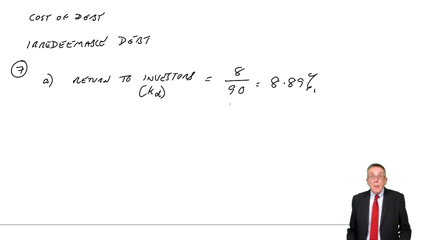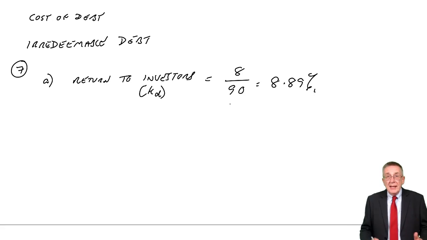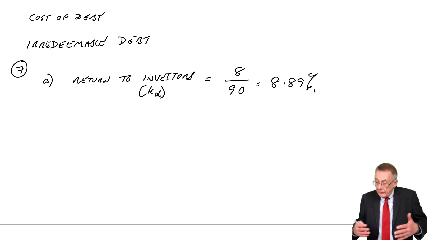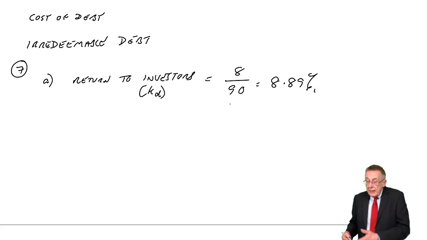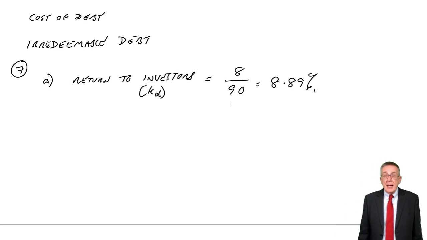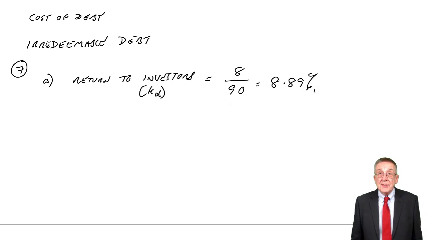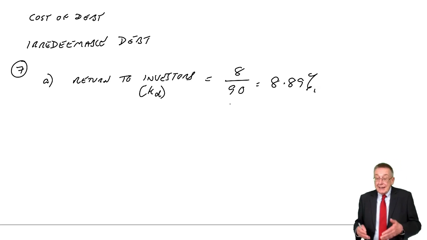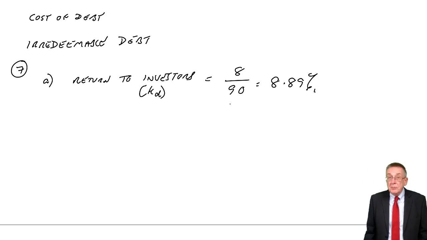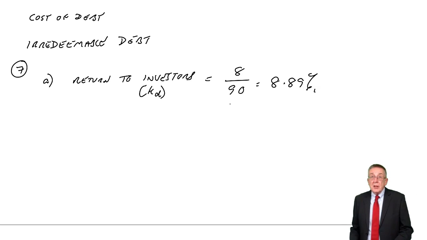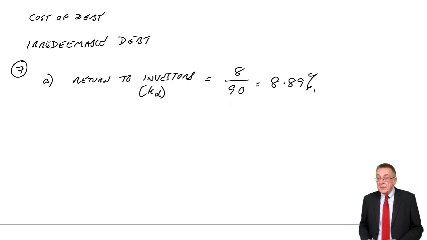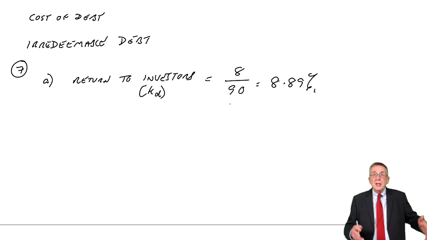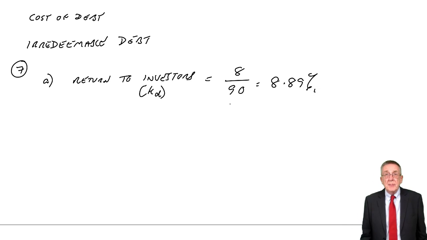And therefore, if the company's raising new money from debt, well, if the investors can currently get 8.89% on the stock exchange by buying the existing debt, if we're going to raise new money, surely we're going to have to offer them interest of 8.89% to make it worth their while. The fact that the existing debt, which may have been issued 10 years ago, had a coupon rate of 8%, fine.